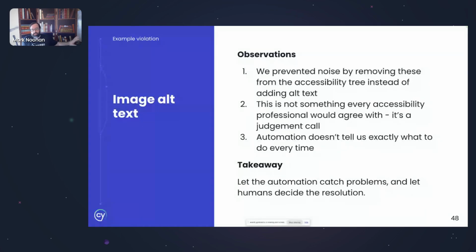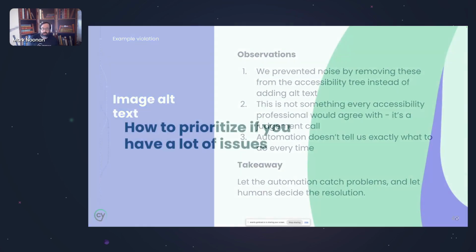In this context, I'm just saying it's noise, but the main thing here is it's a human decision of how to react to what the automation has told you. And that's actually a common thread as we decide what we're going to do with different findings in an accessibility scan. And we don't have to jump to the first band-aid that comes to mind. We can use that as a signal that there's something in there that needs a human decision to give the best experience based on what we think people are going to need, and then let user feedback guide us from there.